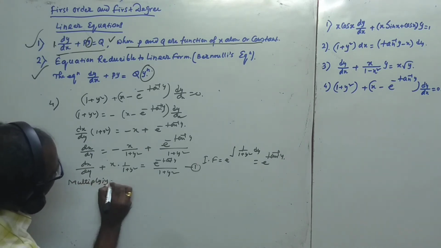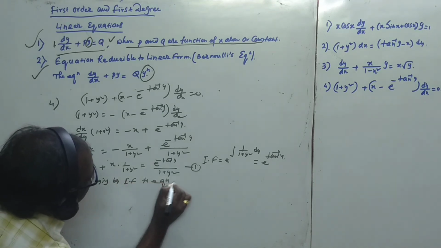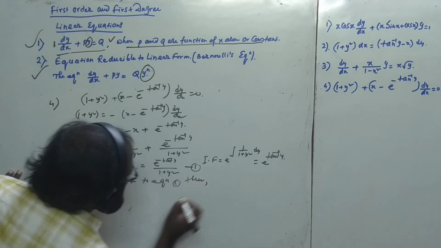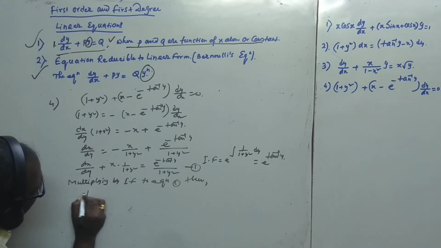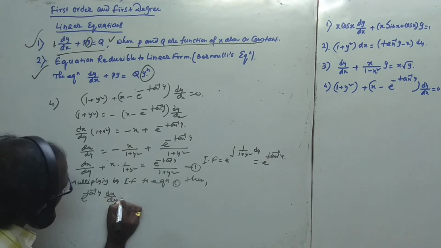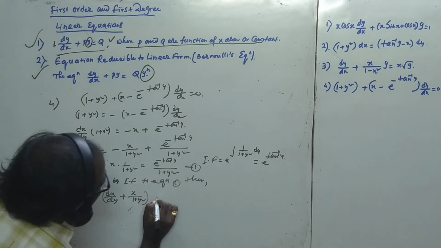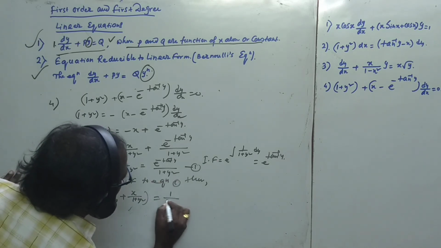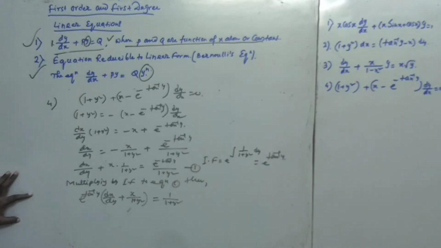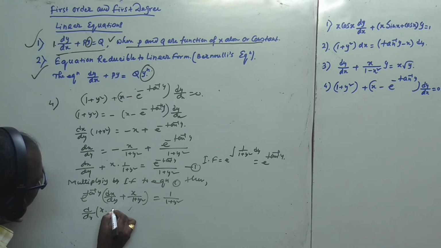Multiplying by the integrating factor in equation number 1, we get e to the power tan inverse y dx/dy plus x by 1 plus y square times e to the power tan inverse y.